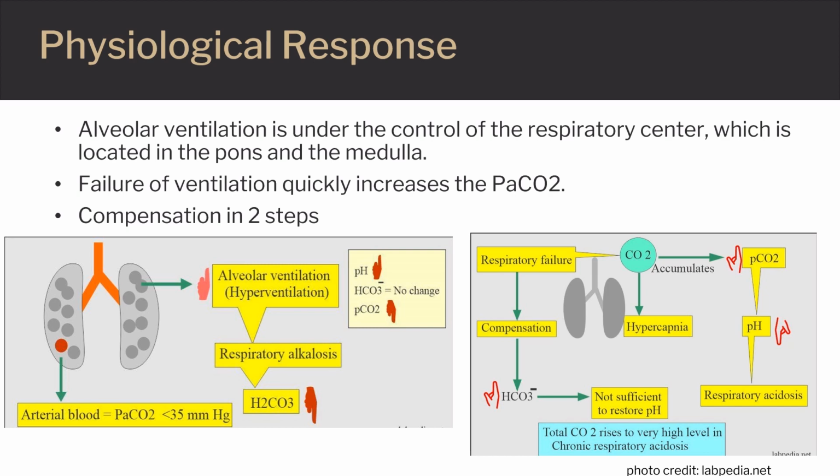The second step is renal compensation that occurs over 3 to 5 days. With renal compensation, renal excretion of carbonic acid is increased and bicarbonate reabsorption is increased. For instance, PEPCK is upregulated in renal proximal tubule brush border cells in order to secrete more NH3 and thus to produce more HCO3-.